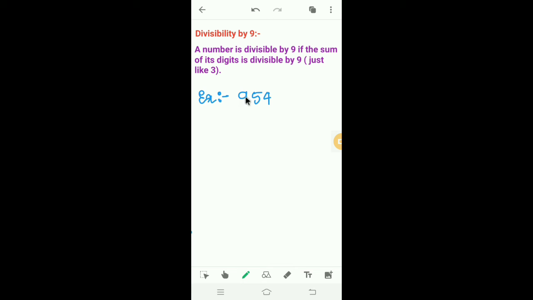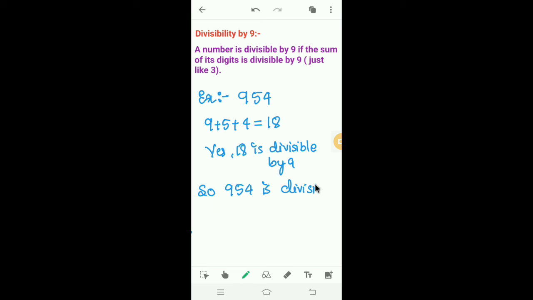We have to add all the digits. 9 plus 5 plus 4 is equal to 9 plus 5 is 14. 14 plus 4 is 18. Is 18 divisible by 9? Yes. 18 is divisible by 9. So 954 is divisible by 9.